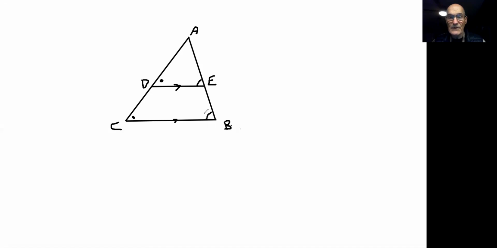So this angle AED and angle B down here are congruent. So we have a theorem that says if two angles of one triangle are congruent to two angles of a second triangle, then the triangles are similar, because their third angle, in this case it's a reflexive angle, but all three angles of one triangle are congruent to all three angles of another triangle, and that's one of the ways.